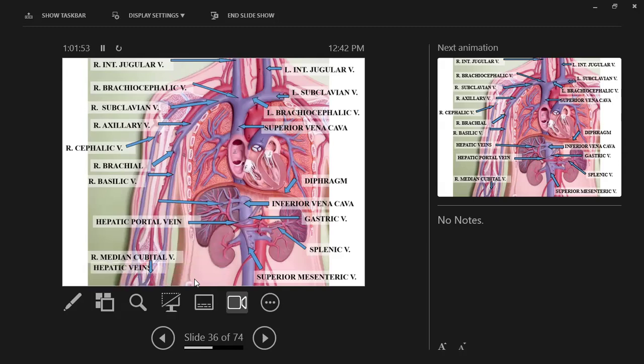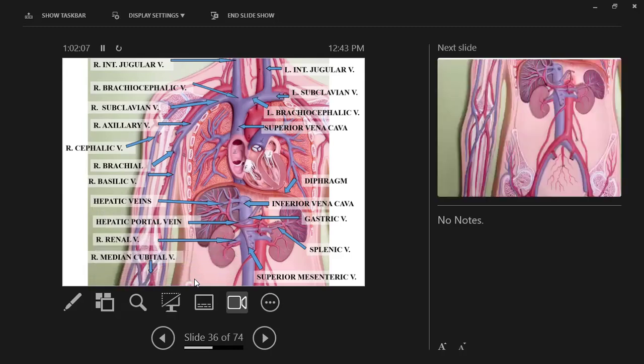And there are the hepatic veins going back to the vena cava that we bypassed initially. And there's the renal vein leaving the kidneys going back to the vena cava. And right next to it in red is the renal artery.